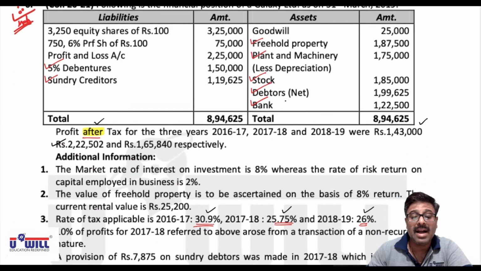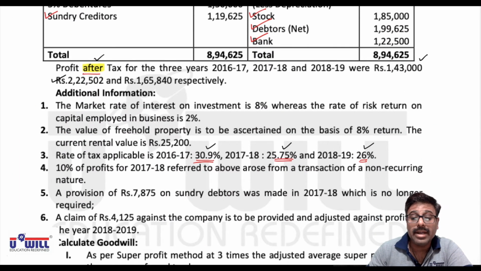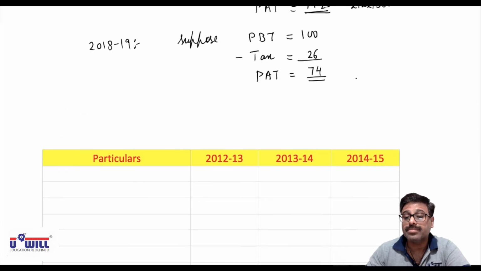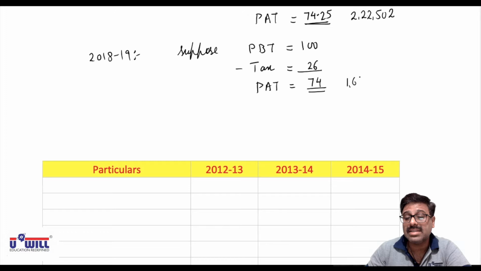Now profit after tax given for 18 to 19, you all can see, is 165,840. So what would be the profit before tax? 165,840 cross multiplied by 100 divided by 74.